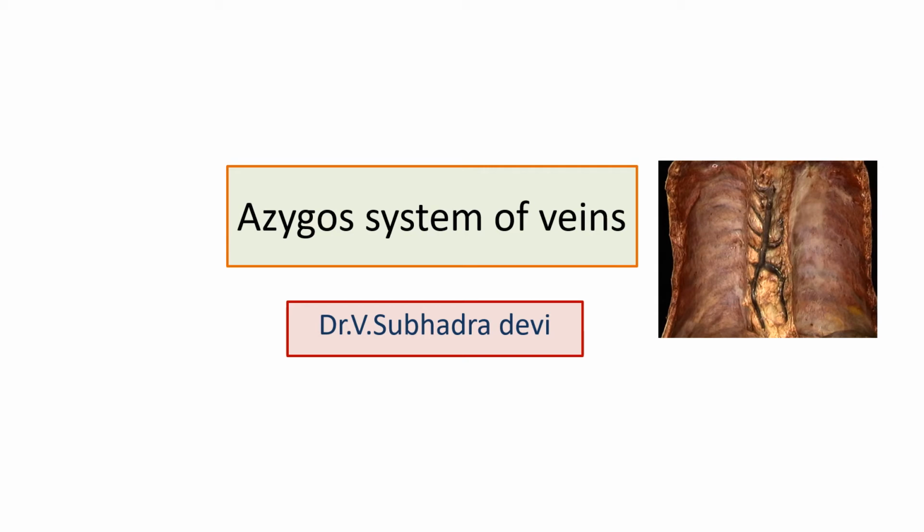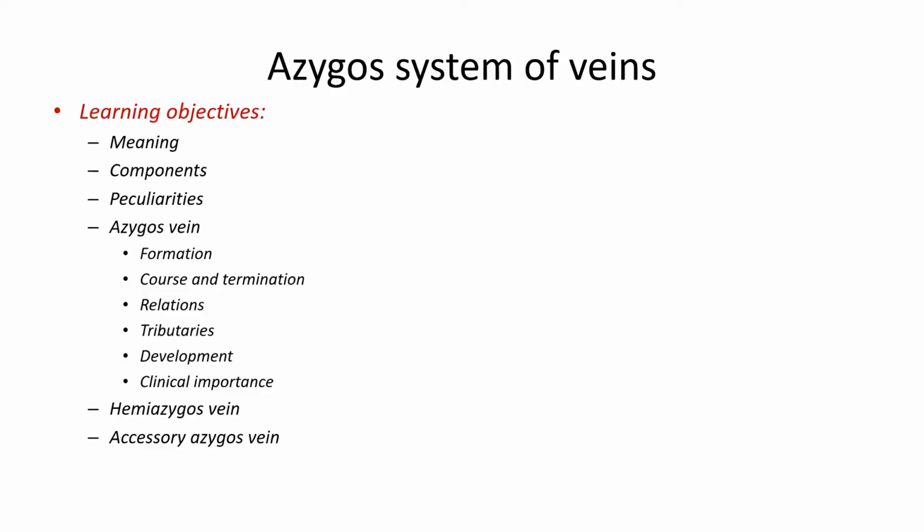Students, let us discuss the Azygos system of veins. The objectives of the discussion are that, at the end, you should be able to understand the meaning of the word Azygos, the components of the Azygos system of veins, and the peculiarities of the Azygos system.